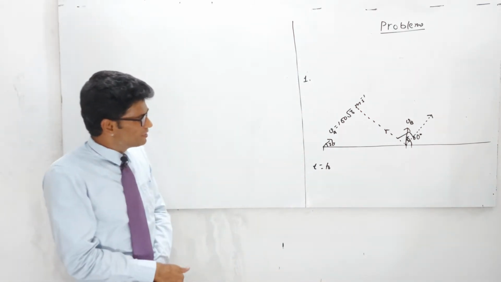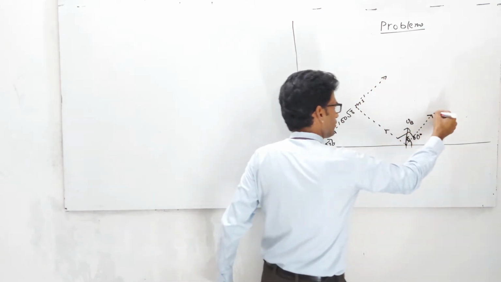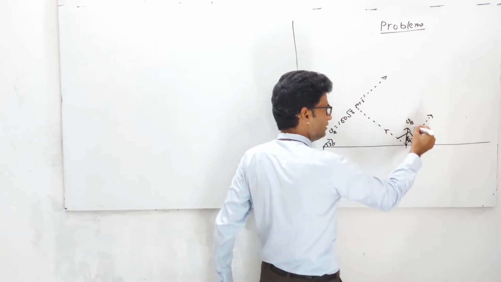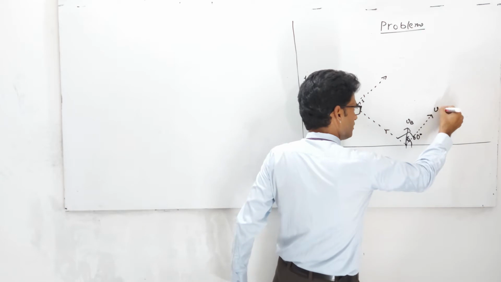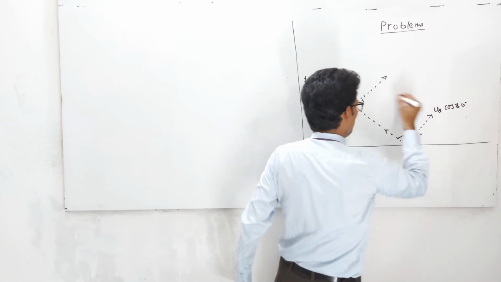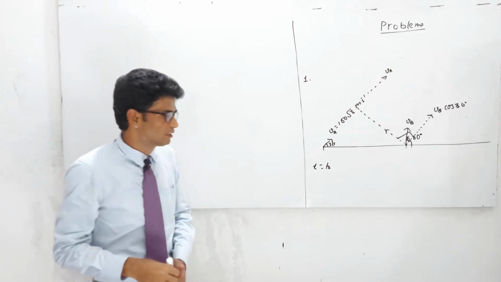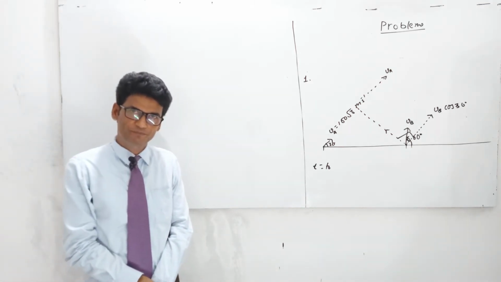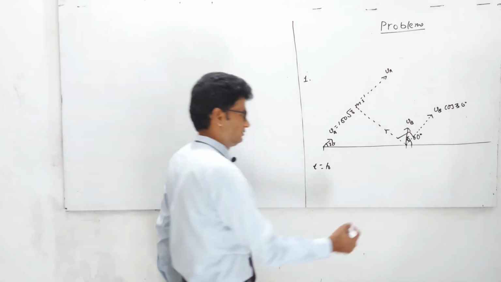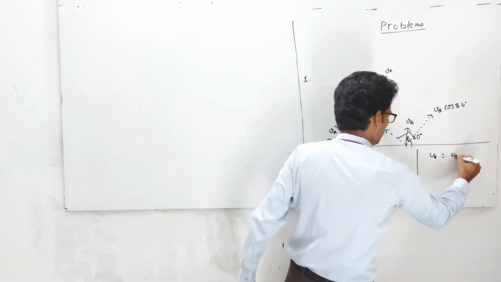What does it mean? It means that in this direction, the component of velocity of aeroplane B is VB cos 30. So this is VA. The VA must be equal to VB cos 30, otherwise the statement of the problem contradicts. So here we equate VA is equal to VB cos 30.